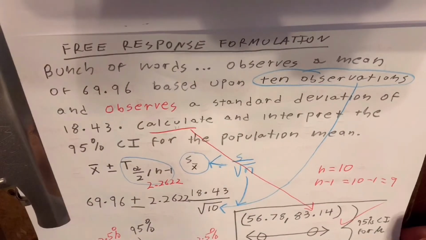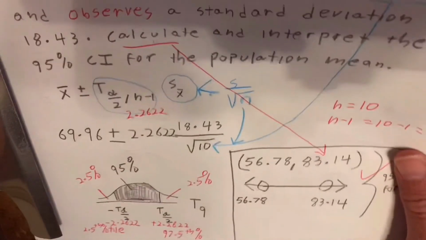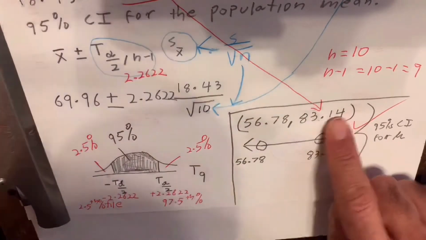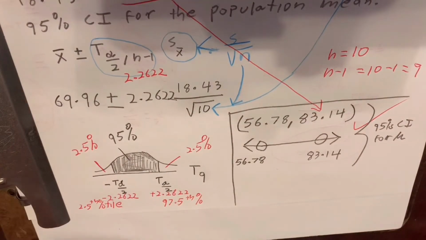But either way, on a final exam in a Stats 1 class, you will almost definitely have to interpret a confidence interval like this. So I want to write down the interpretation for you really clearly, because students lose credit on this all the time.